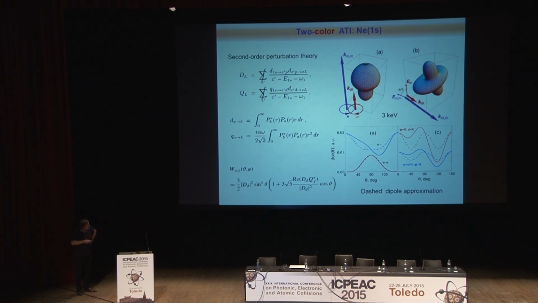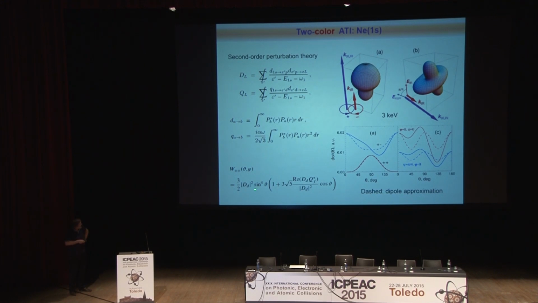You see that they are not symmetric. The solid curves are not symmetric with respect to 90 degrees, and dashed is the dipole approximation. And these are two linearly polarized lights with 45 degrees between the linear polarizations. So you see also such a complicated picture, and again there is some forward-backward asymmetry here.